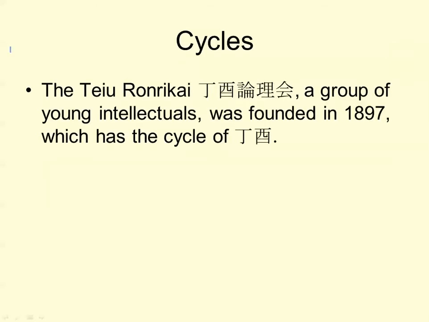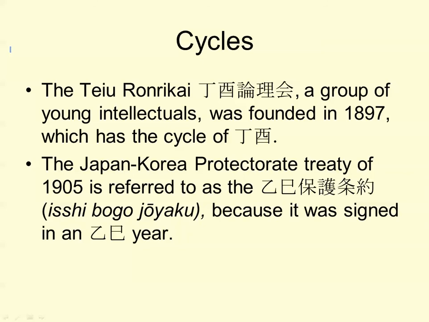Here are some more examples. The Teiu no Nikai was a group of young intellectuals, and it was founded in 1897, and it has a cycle of Teiu. The Japan-Korea Protectorate Treaty of 1905 is referred to as the Ishi-Bogo Jōyaku because it was signed in an Ishi year.